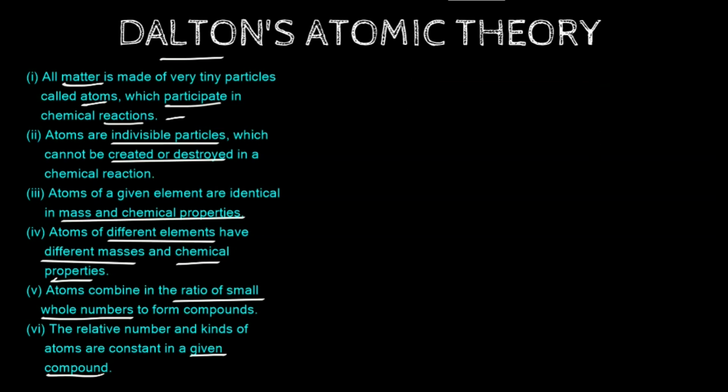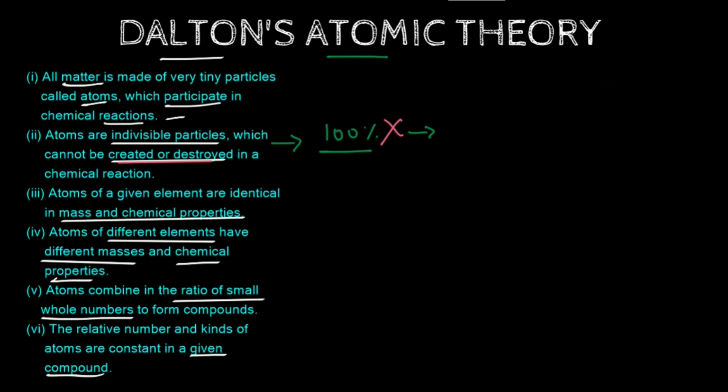This postulate of Dalton's atomic theory is not 100% accurate, because it was proven wrong when the atom was further divided into subatomic particles, which we will learn in our next videos. But we can understand that atoms cannot be created or destroyed. That is the law of conservation of mass. You can't destroy an atom or create a new atom.